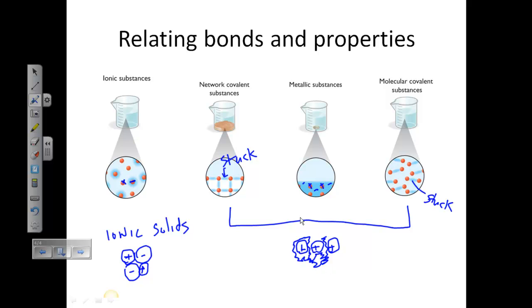So wherever there are positive metals, there are also the negative glue, no matter how you bend it. And that's what makes metals so amazing, and how we can build all different sorts of structures out of metals. So there you have it, a discussion on classifying bond types and why these different bond types have the properties that they do.